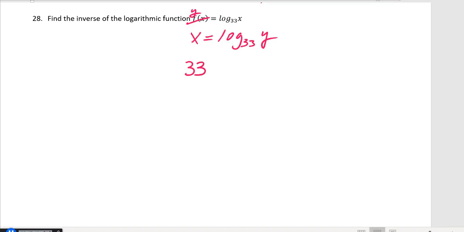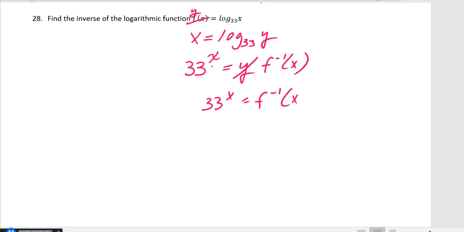We know that a log is another name for an exponent. Ta-da! And then my last step is always to replace the y with the inverse of x, because that's what we're solving for. So 33 to the x is equal to f to the negative 1 of x. So 33 to the x is equal to the inverse of x.